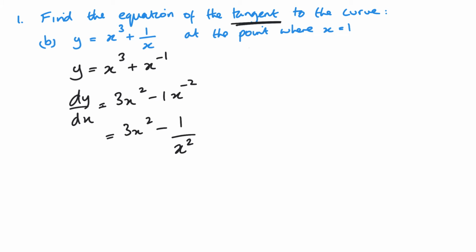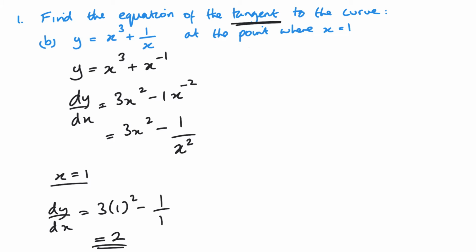And of course, rearrange it. It's better to leave it in this form because it's also easier to deal with. x equals 1. So I'm going to substitute x equals 1 in. So dy by dx gives me 3 lots of 1 squared minus 1 over 1. So 3 ones are 3, minus 1 is going to be 2. So my gradient is 2.